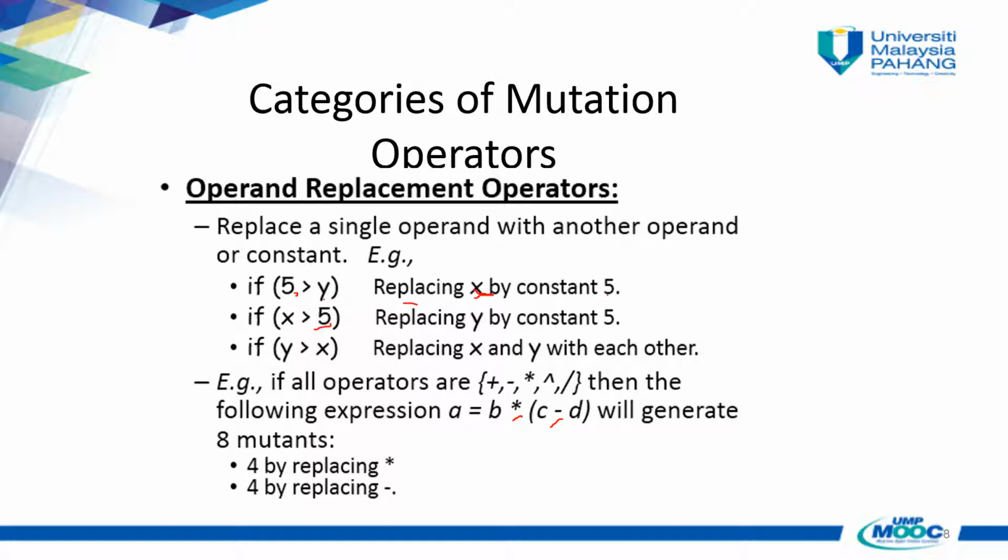We can create 8 mutants: 4 mutants by changing only this one, to addition, subtraction, power or division, and the other 4 by keeping the multiply and changing only the subtraction, by addition, multiplication, power, or division. So we can create 4 based on the subtraction, or 4 based on the multiplication.